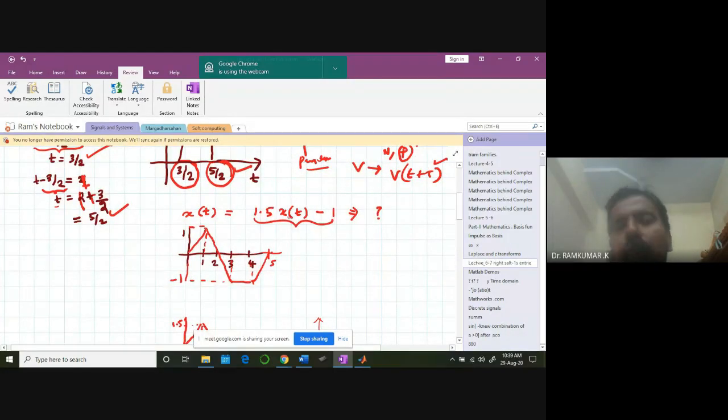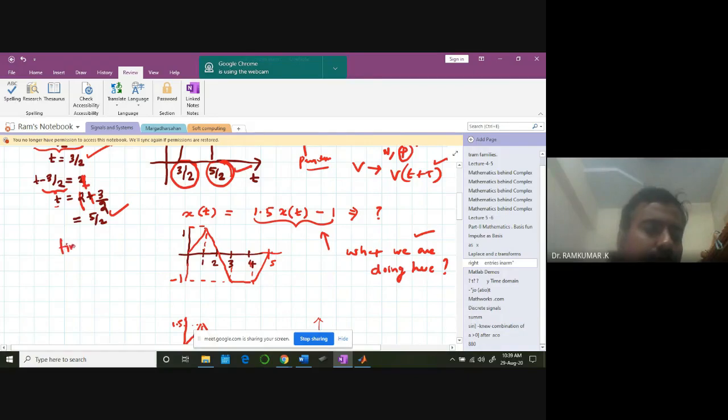x of t is equal to 1.5 x of t minus 1. Can you tell me what we are doing here? Are we doing time shifting?